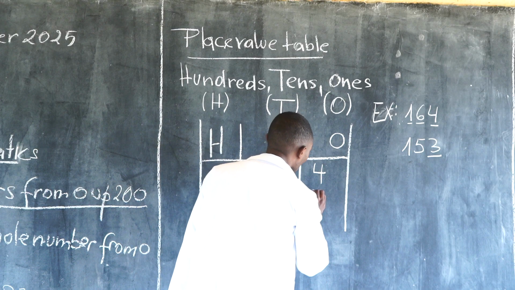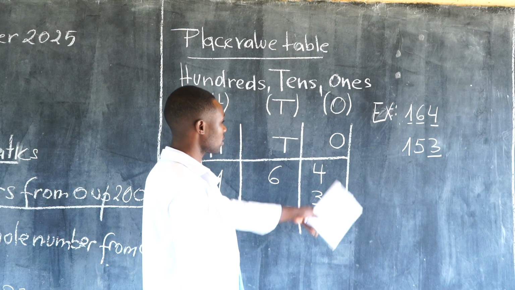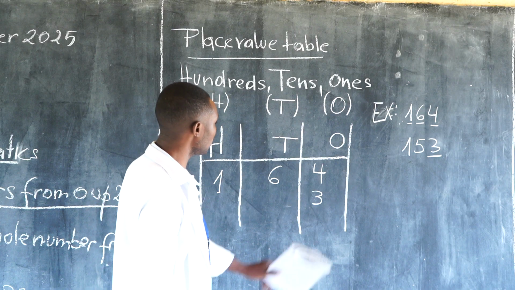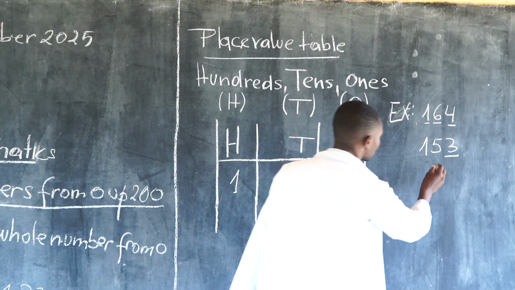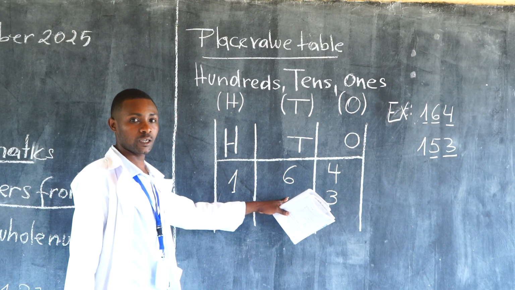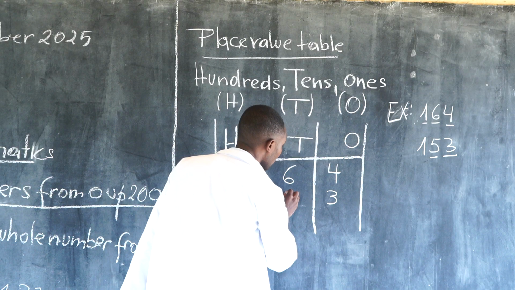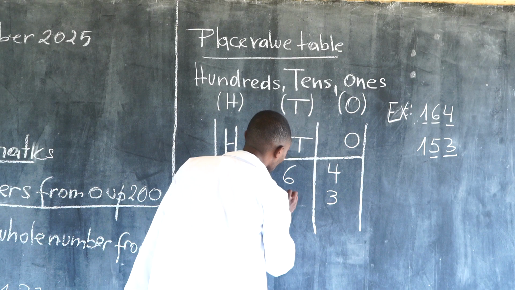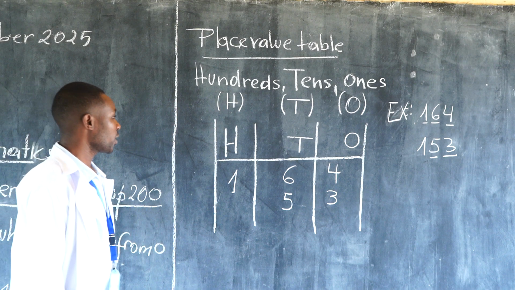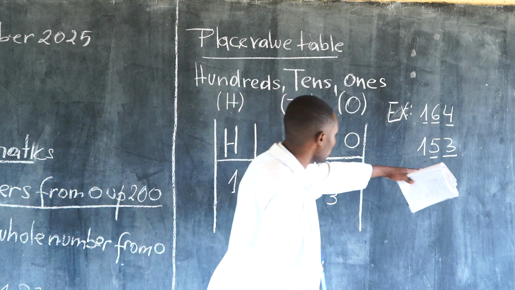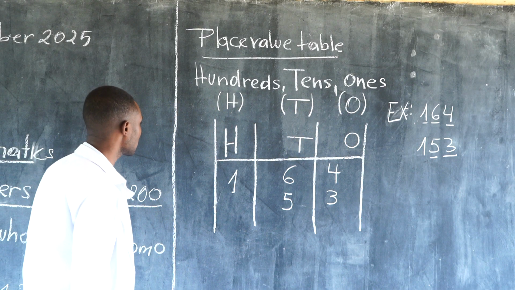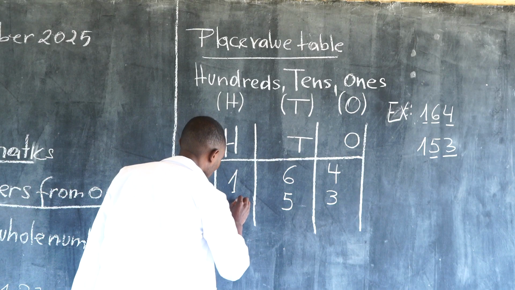Now 3 is going to be here because 3 represents ones. After 3, we have 5. This 5 represents tens. Now we are going to put it here. After 5, we get 1 there. Now 1 represents hundreds.